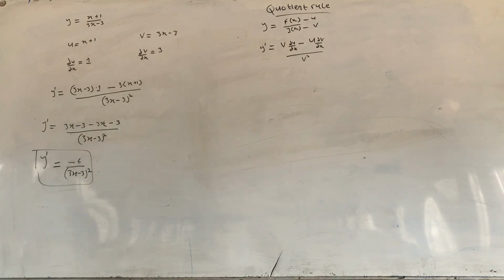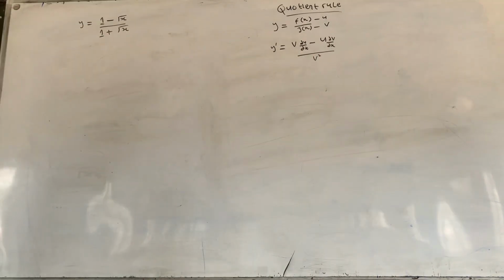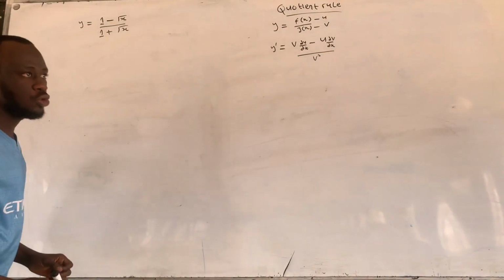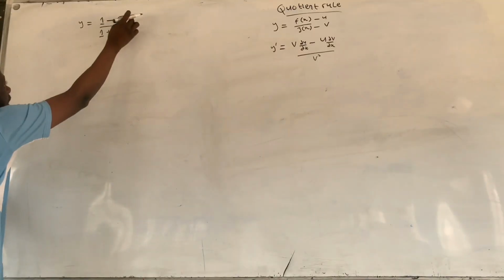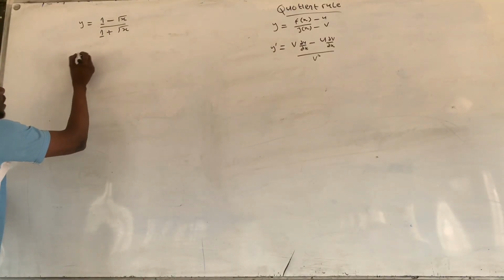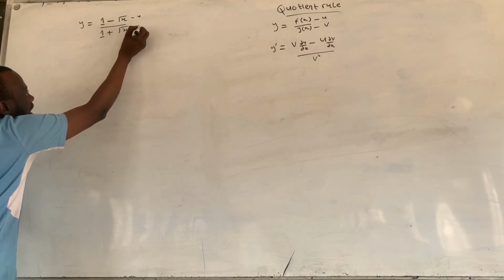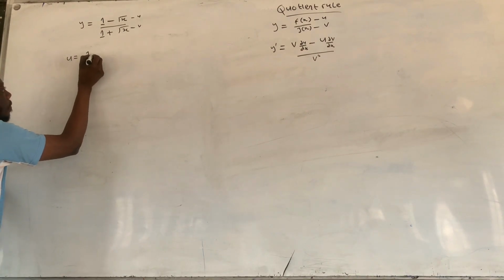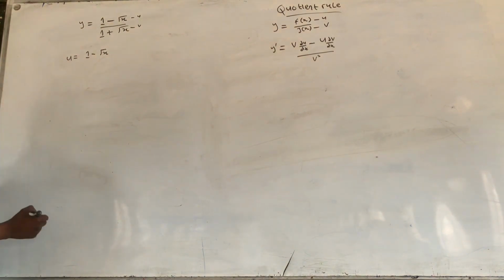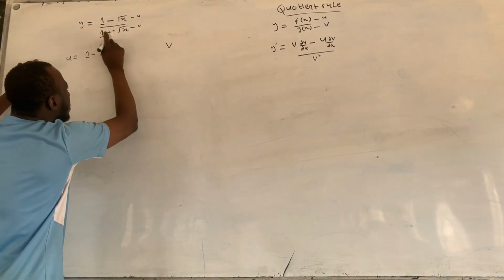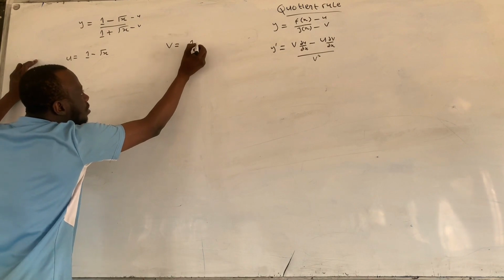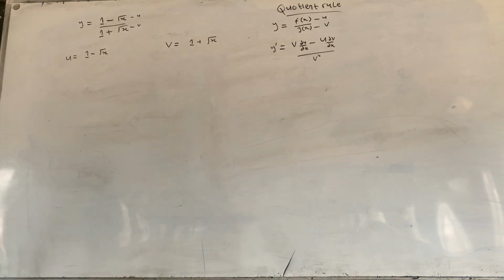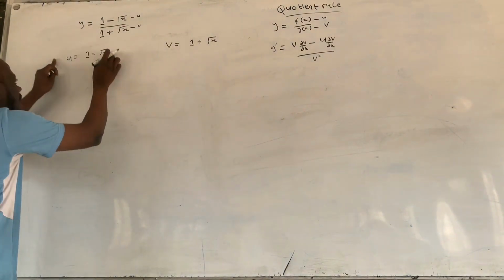So now, I am going to solve another question related to the quotient rule. The question states, here is our u, here is our v. Now u equals 1 minus root x, and our v is equal to 1 plus root x. So, I am going to differentiate this.